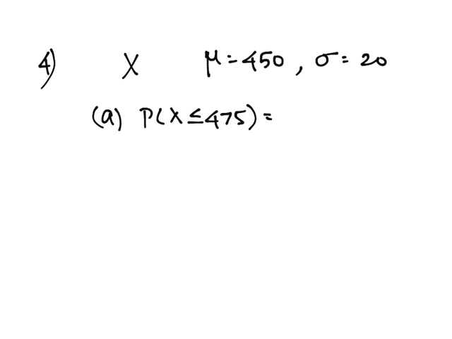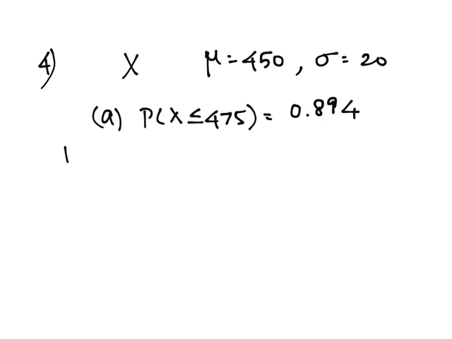I want the probability of x taking values less than or equal to 475. The lower limit will be minus 10,000, upper limit will be 475, sigma will be 20 and mu will be 450. Enter, execute. You get the area as 0.8943. So 0.894 is the answer.